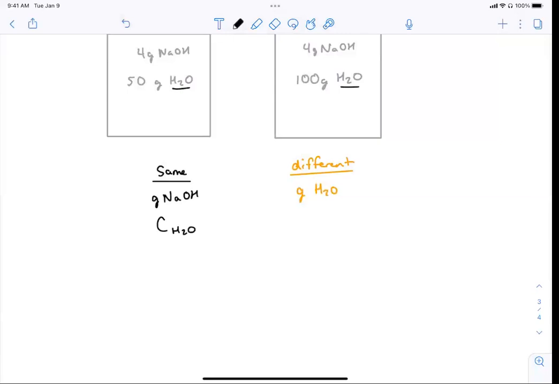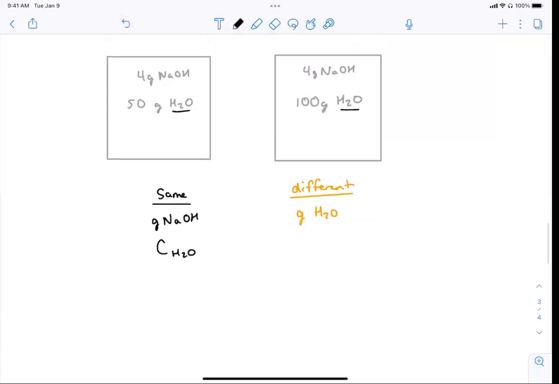We have the same amount of NaOH, right? Is that going to generate the same amount of energy? Does the amount of water affect how much energy the NaOH produces? Okay, but let's think about this.